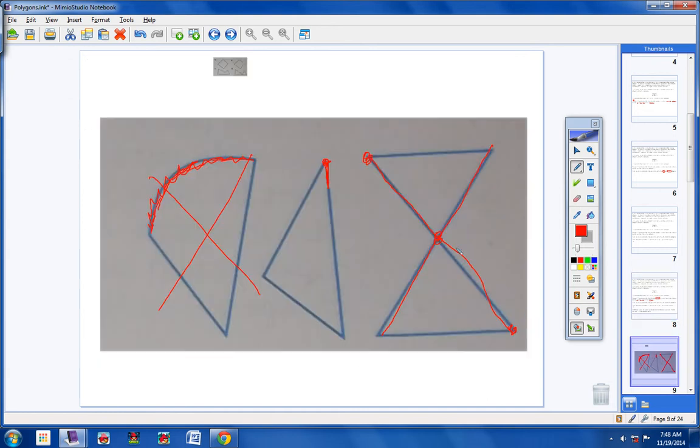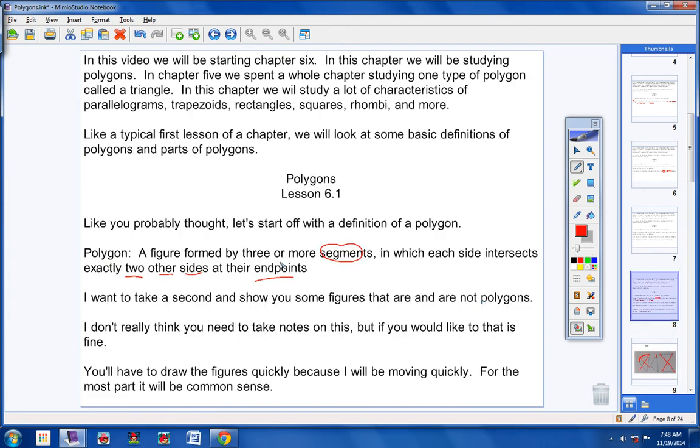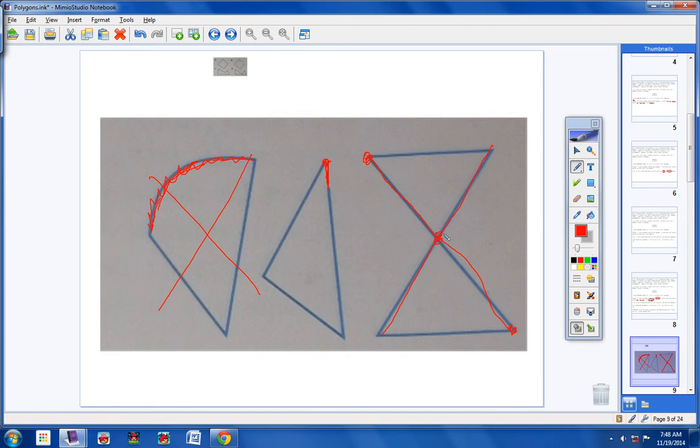But then also it says to intersect at their endpoints, and this one here is intersecting right in the middle. Okay, so this would not be a polygon, this would not be a polygon, and this would not be a polygon. It's not that hard. It's pretty much common sense, guys. Okay, but I still want you to see this. Okay, all right, let's continue on now.